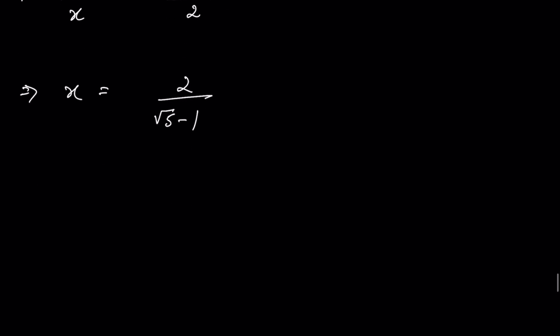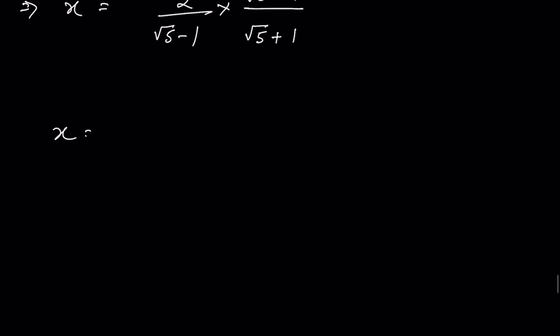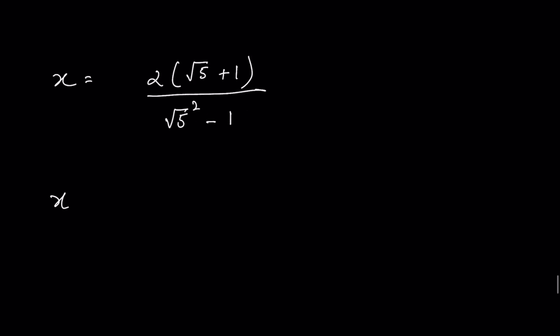Now let's rationalize the denominator again. So it will be times square root of 5 plus 1 upon square root of 5 plus 1, or x equals to 2 times square root of 5 plus 1 upon square root of 5 square minus 1, or x equals to 2 times square root of 5 plus 1 upon 5 minus 1.